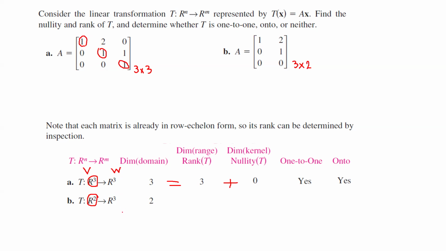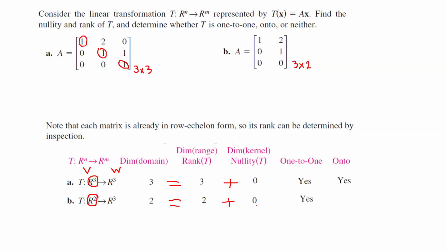So what's the dimension of the domain? It is 2. What's the dimension of the range? The dimension of the range is 2. What is the nullity? The nullity is 0. Take a look. Nullity doesn't have any other choice. It is 2 plus a number. That number must be equal to 0.